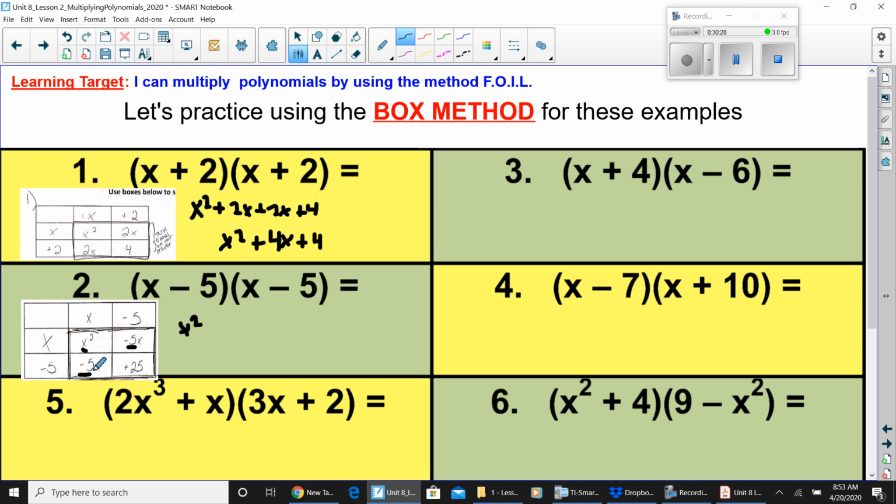You line them up like this: x squared, minus 5x, and then another minus 5x, and then a positive 25. So your final answer would be x squared, and then you combine the like terms. Negative 5x and negative 5x is negative 10x.